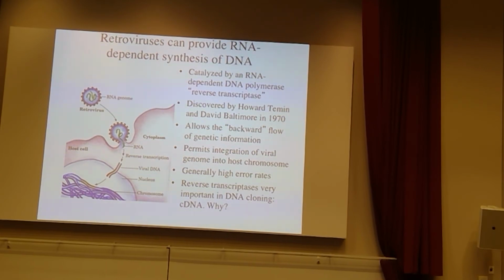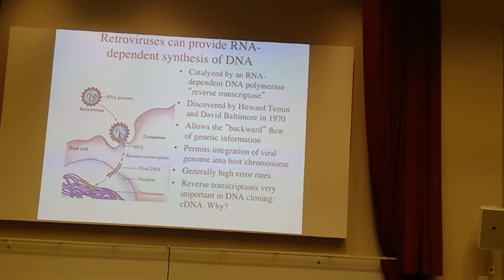And in order to quantitate that, it might be convenient to use the reverse transcriptase. But in terms of cloning, let's say we wanted to do expression of a particular protein in a bacterial host. It becomes really important to generate cDNA and to use this reverse transcriptase to make a DNA copy from the mRNA. So why would that be the case?